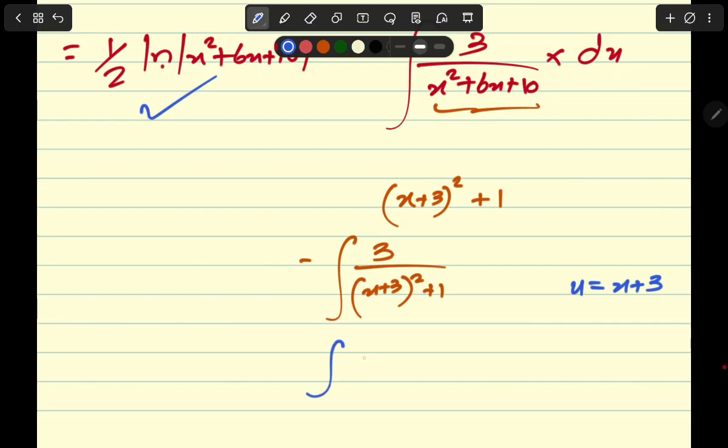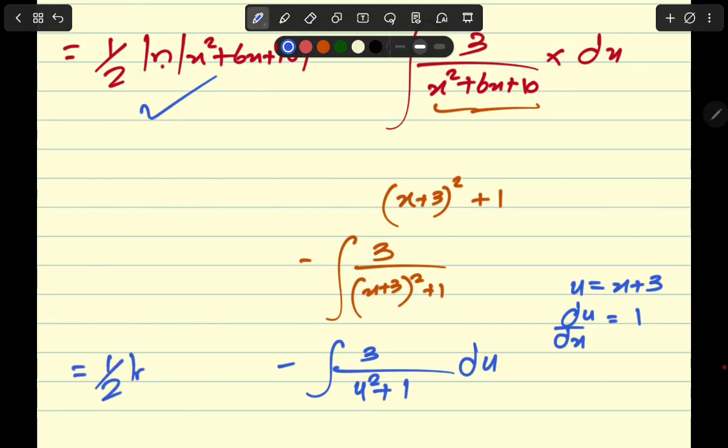So now I have 3 upon u² + 1, and du by dx is nothing but 1. So I can rewrite dx as du. And I will just bring this back here, ln(x² + 6x + 10).